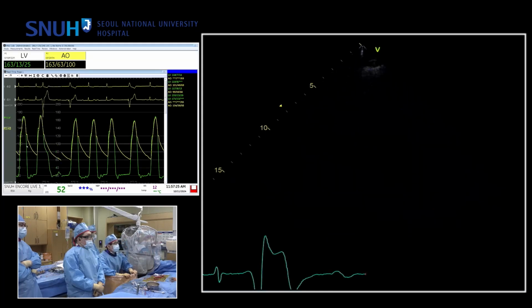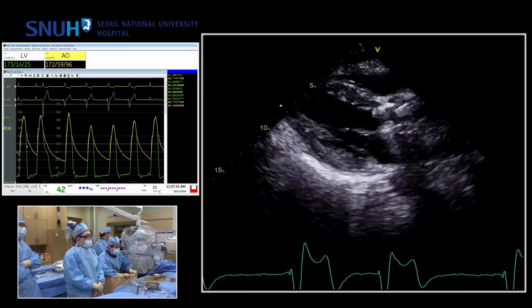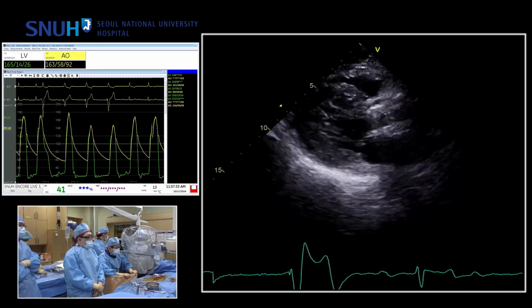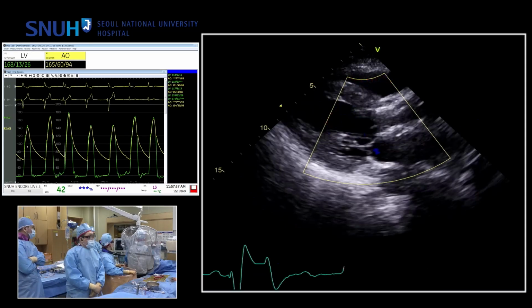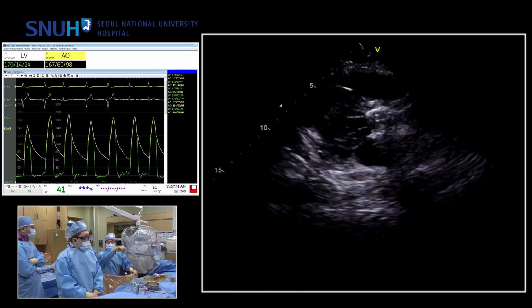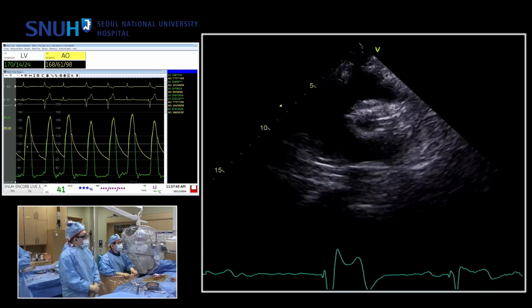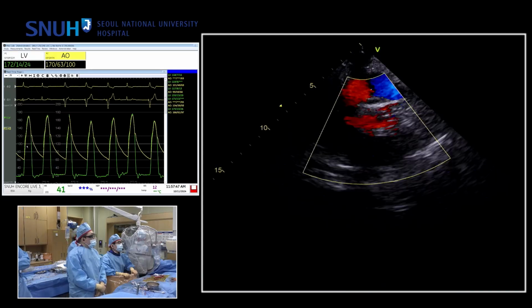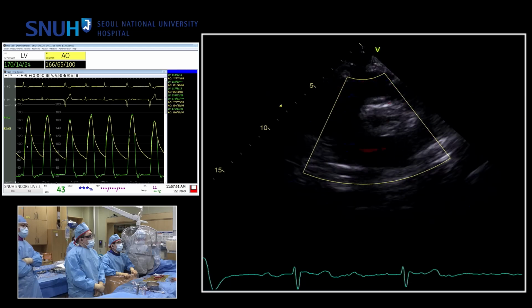Yes. Trivial aortic regurgitation, paravalvular at 3 o'clock. And the cardiography shows that there is no paravalvular leakage. In the short axis view, the valve is well apposed and round, and also from the Doppler view, there is no PVR.